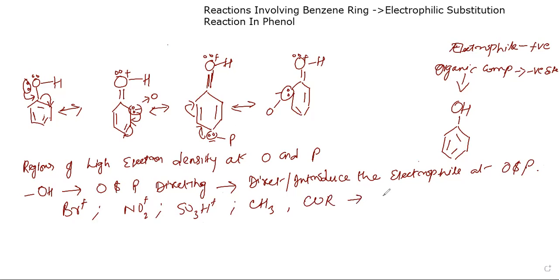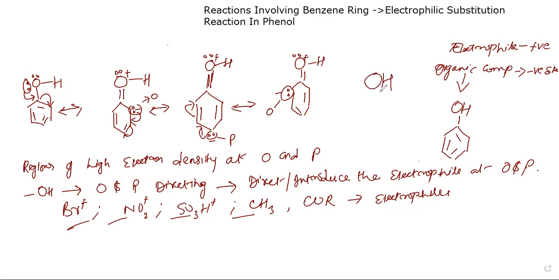All these are electrophiles. So when electrophilic substitution reactions are done on the benzene nucleus, these incoming electrophiles will go at the ortho and para positions of the benzene nucleus.